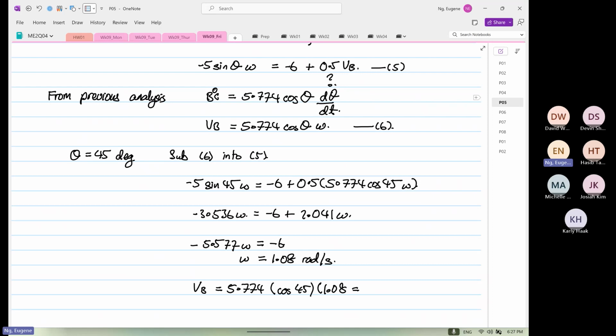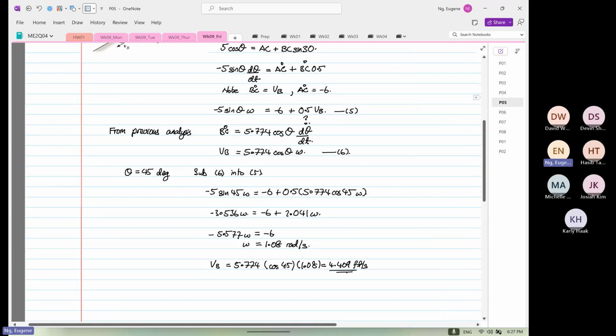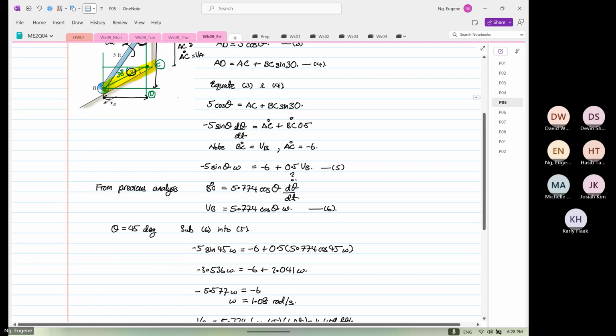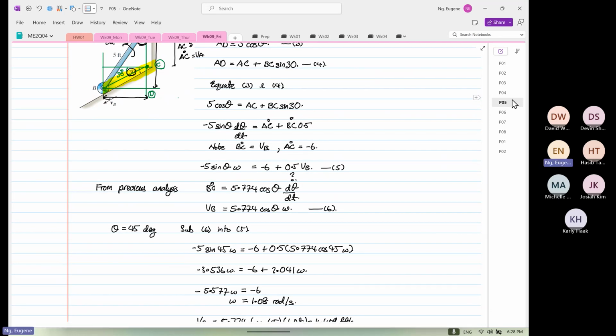So 5.774 times cos 45 times 1.08 is 4.409. What's the unit? Feet per second. Okay. So this is solved without the instantaneous center.